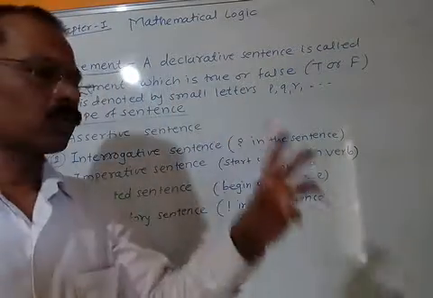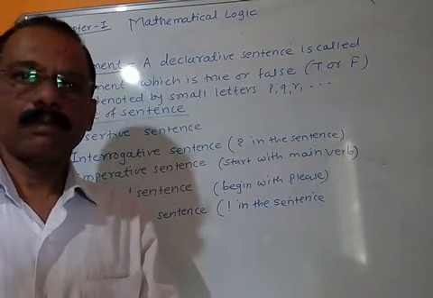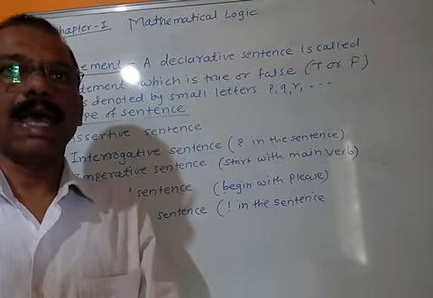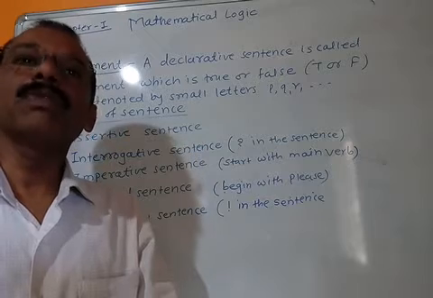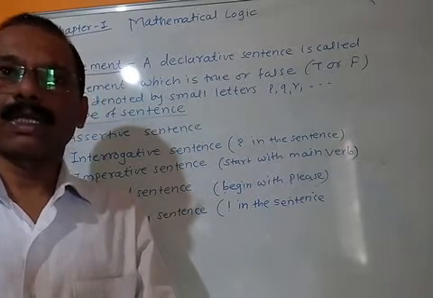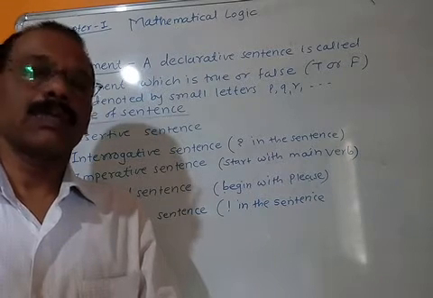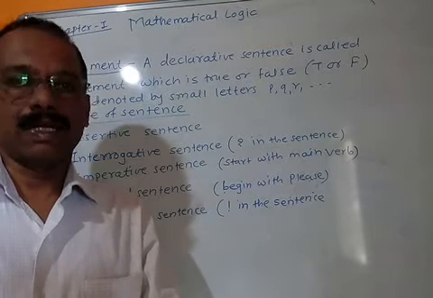But here some small part of English grammar also arises. You need a little knowledge of English grammar, the direct and indirect speech. In that there are 5 types of sentences. First is the assertive sentence. Second is the interrogative sentence. Third is the imperative sentence.